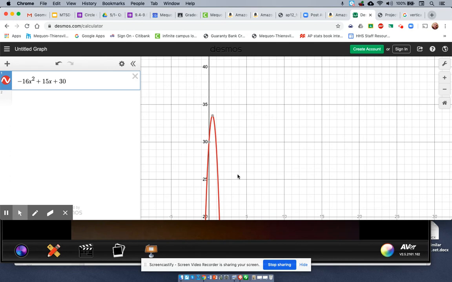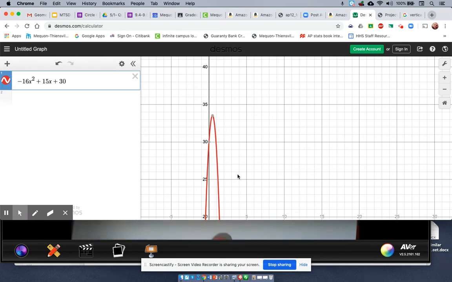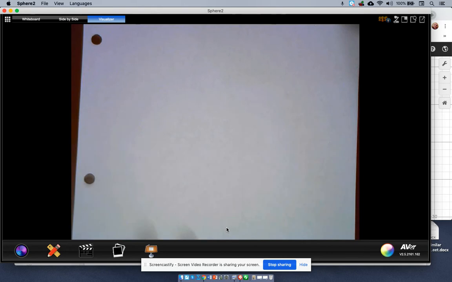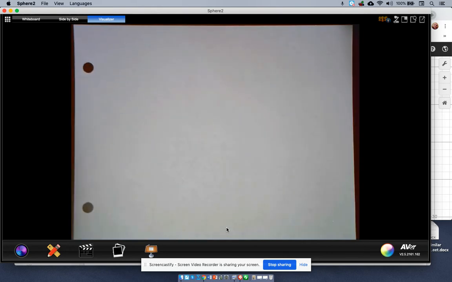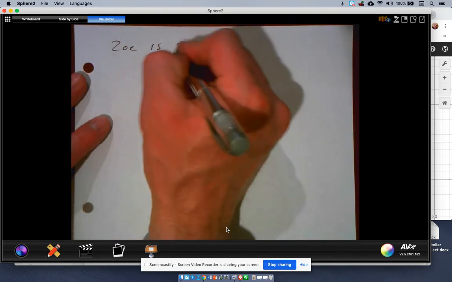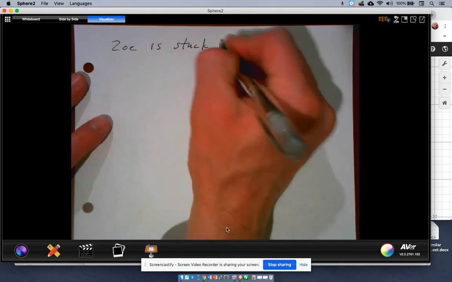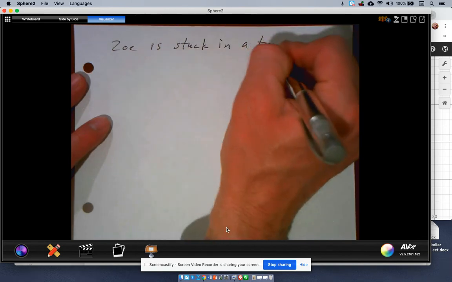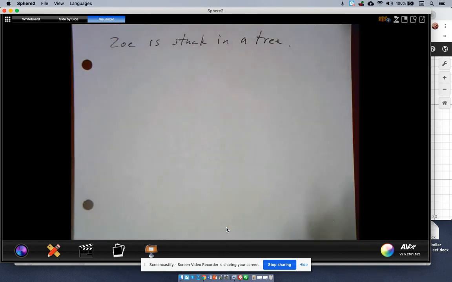Okay. So let's go with somebody by the name of Zoe. Okay. Zoe is stuck in a tree. All right. Zoe's stuck in a tree and she climbed up there.